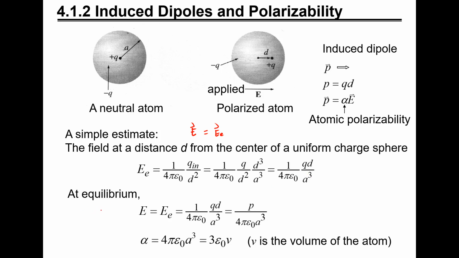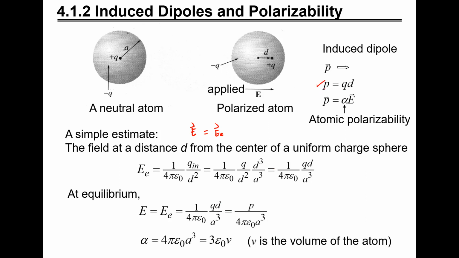So at equilibrium, since your E is just equal to E sub E, then you have this 1 over 4 pi epsilon naught qd over a cubed that is just equal to your external electric field. Okay? And then take note that p is equal to qd.